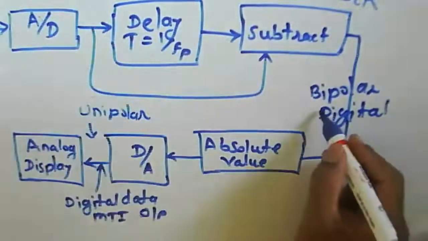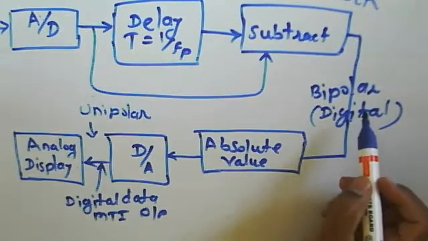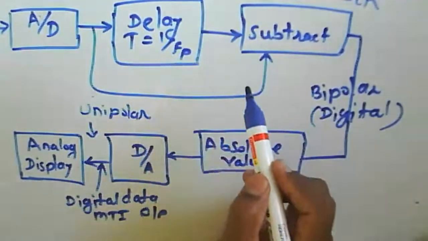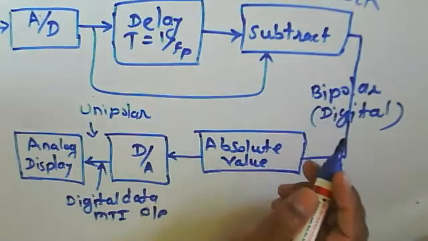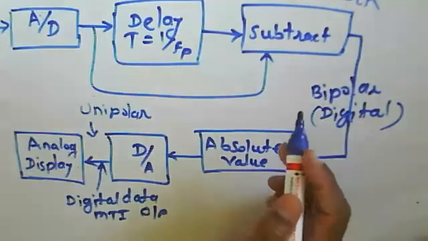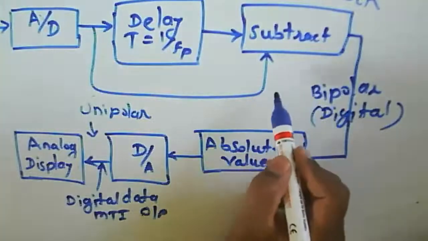Here we are cancelling the clutter echoes. We get echoes from clutter or from any stationary object, and those are to be cancelled here.